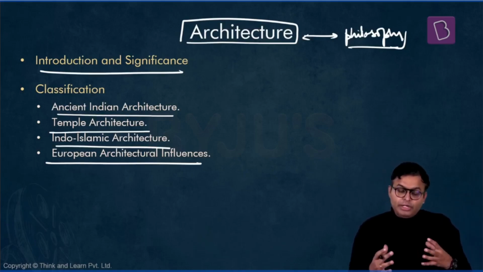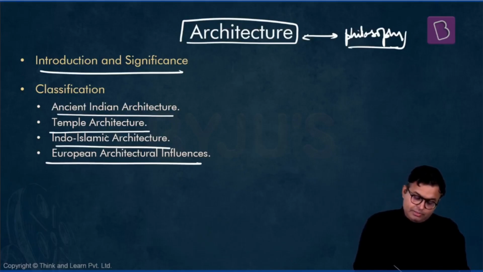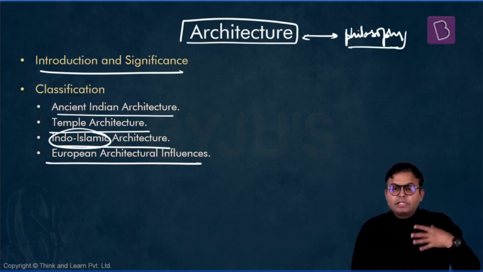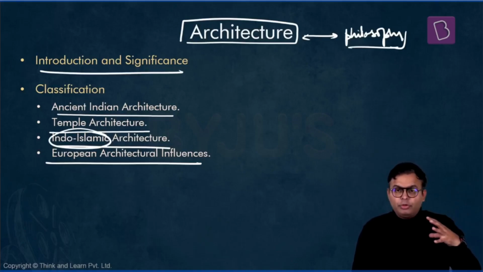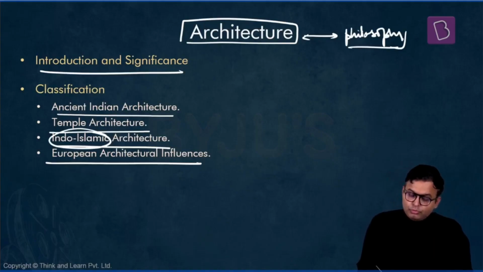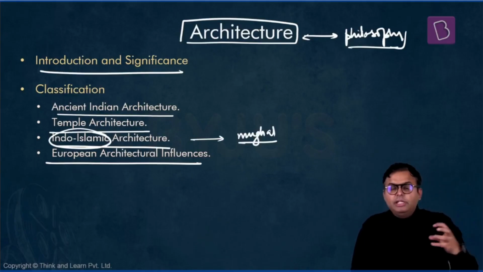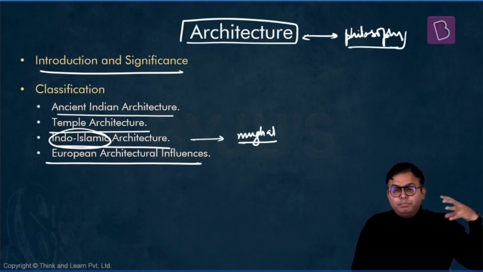But we also find that in Indo-Islamic architecture there is a blend, because when the Delhi Sultanate was established and they started patronizing art forms, the existing Hindu art forms were also included, or unconsciously included. Then we moved to Mughal art, which is a beautiful assimilation of Rajasthani art, Mughal art, and Persian art.